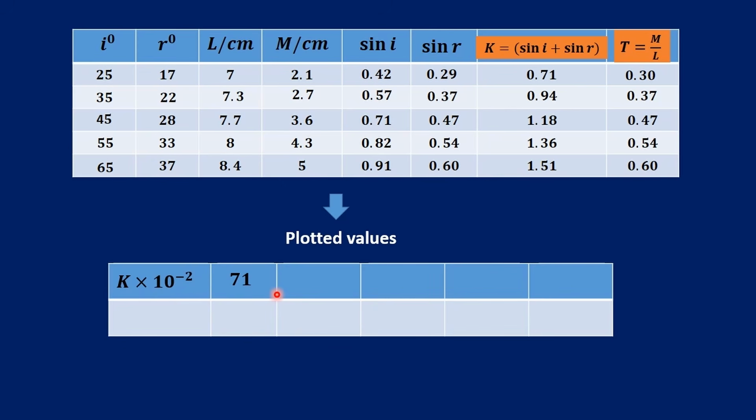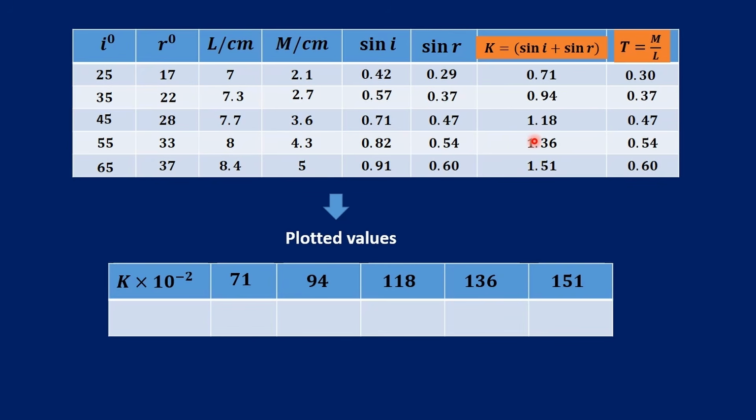That's standard form. Moving the point twice again, we have 94. Then 118. The next one is 136. The next one is 151, all times 10 exponent negative 2.